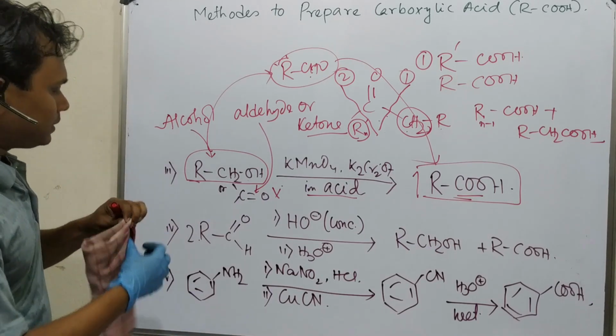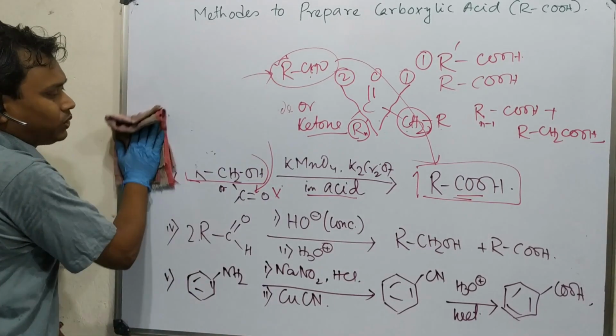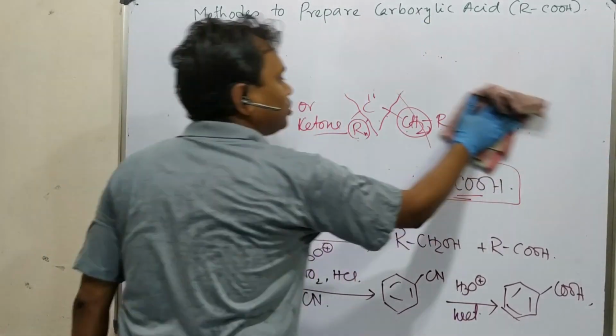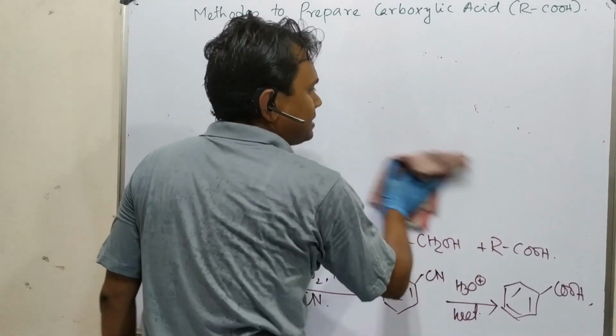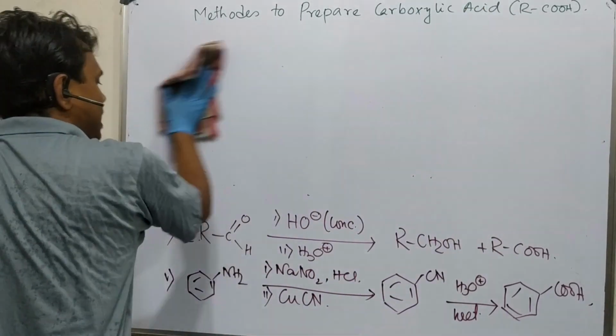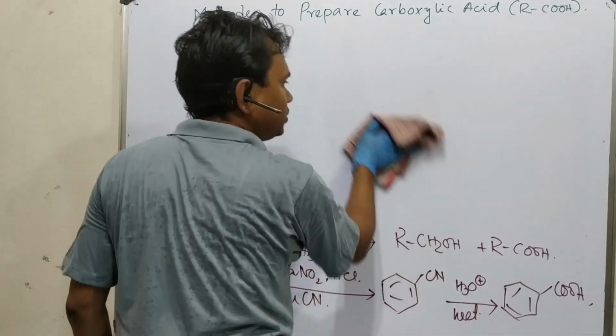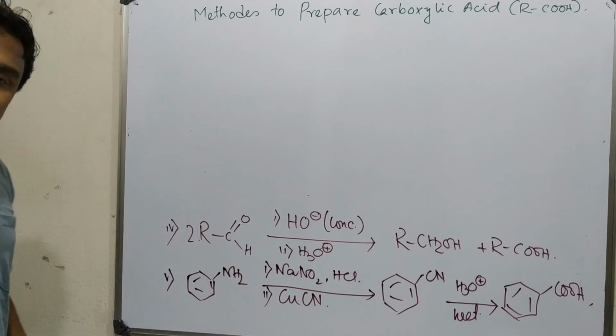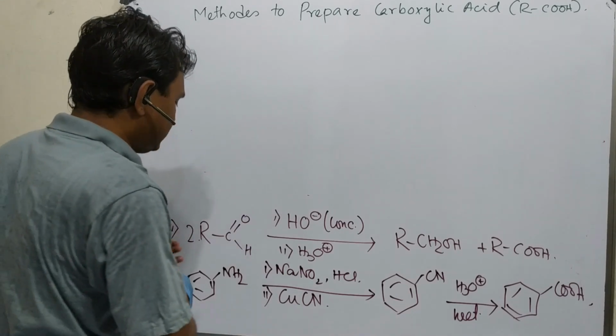Fine. The next example is one where you can say oxidation and reduction both occur on an aldehyde, and this reaction is known as the Cannizzaro reaction. I have already uploaded a video about this Cannizzaro reaction, so you will find the details there. I shall provide the link in the description box.